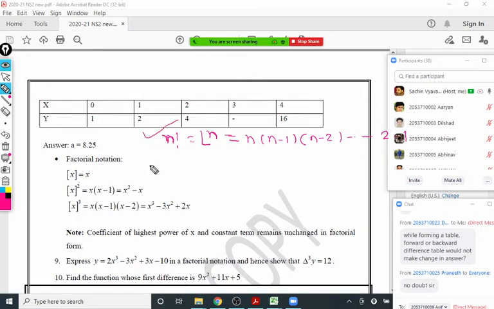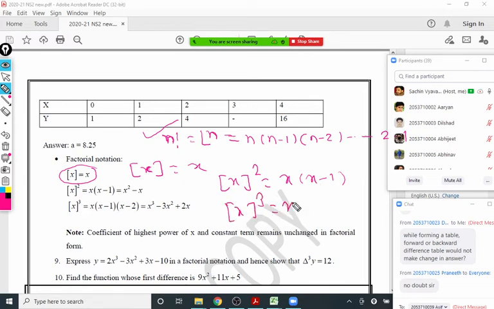Now we are writing factorial for variables, in algebraic form. So first you can read like this: first factorial of x. This is the factorial notation for a variable. This x is not necessarily an integer. So first factorial of x is x only. Second factorial of x is x into x minus 1. Third factorial of x is x into x minus 1 into x minus 2.